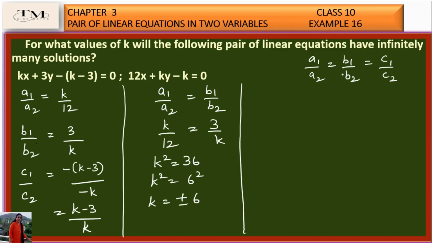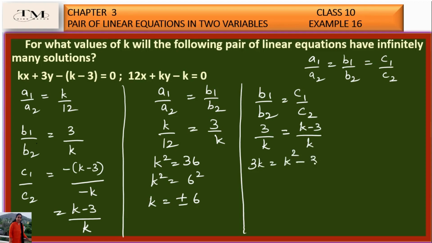Another condition is B1 by B2 should be equal to C1 by C2. Here B1 by B2 is 3 divided by K, which is equal to C1 by C2, which is K minus 3 divided by K. On cross multiplying, 3K is equal to K square minus 3K.